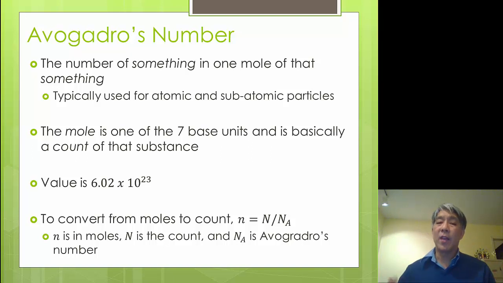When I have that many of some substance, we call that a mole, and the mole is one of the 7 base units in the SI system. The formula little n equals big N divided by N sub A is how we convert from moles to actual number. So one mole of hydrogen atoms would have 6.02 times 10 to the 23rd hydrogen atoms.